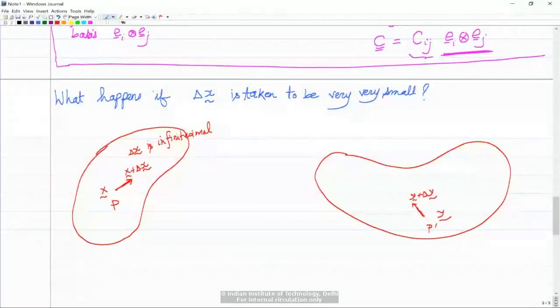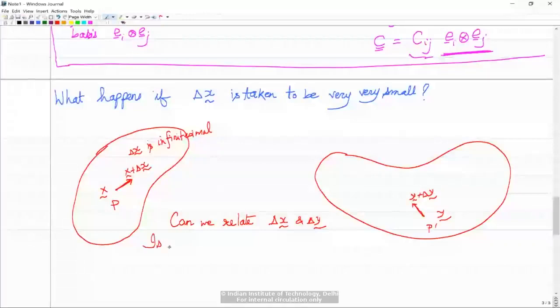So now the question is, can we relate delta x and delta y? So you see, delta x is a material line, infinitesimal material line, and we want to know how has that transformed to delta y. Is there a function that can be used to relate these two?